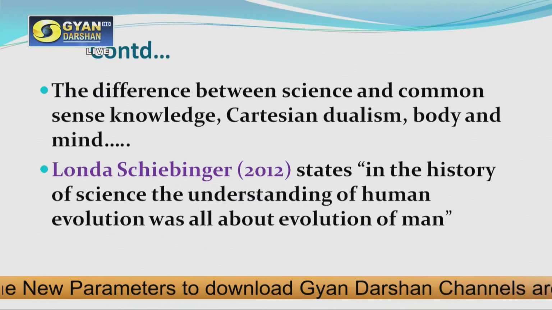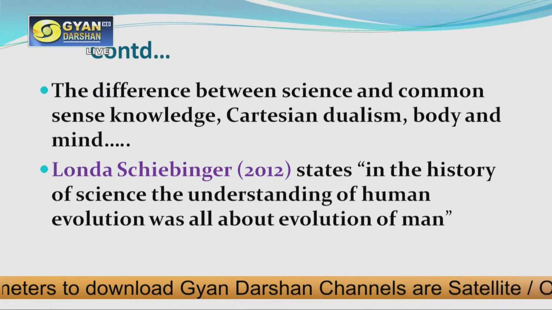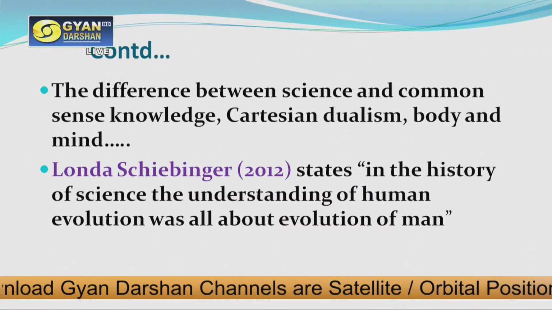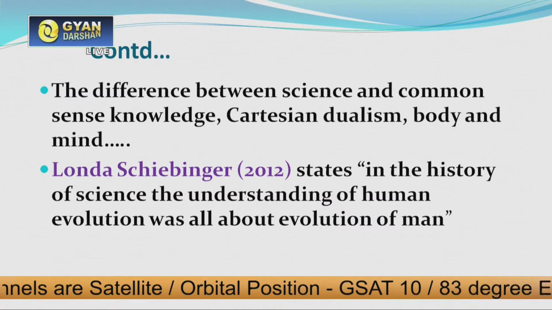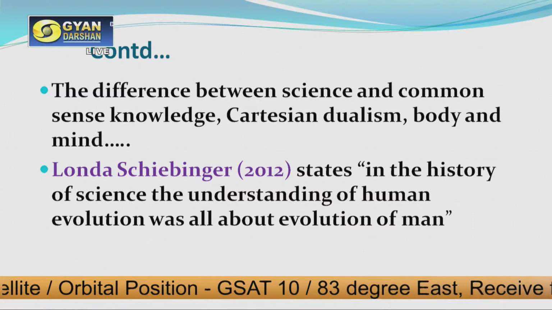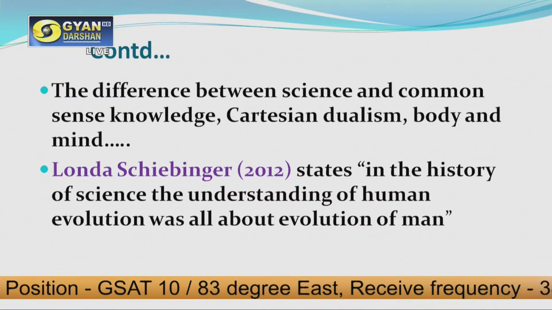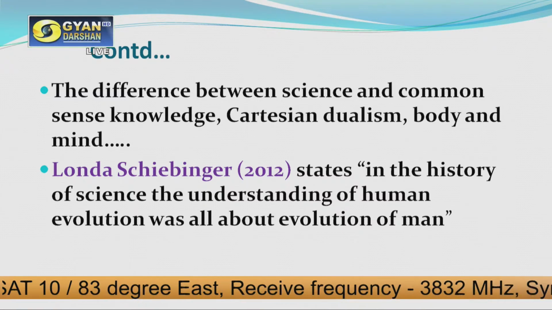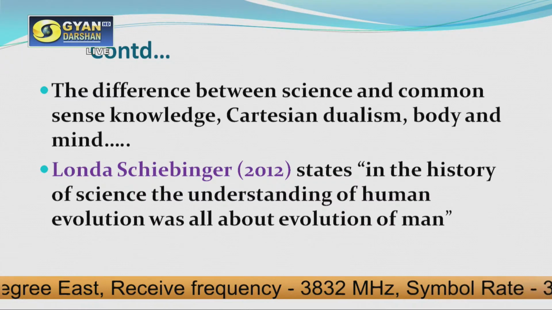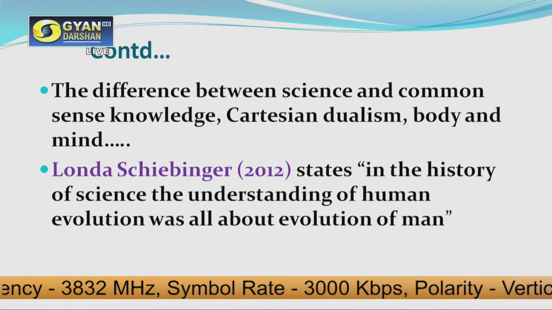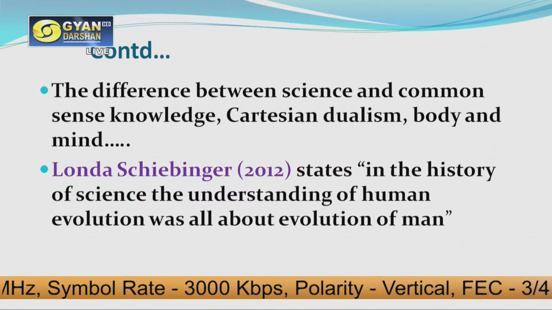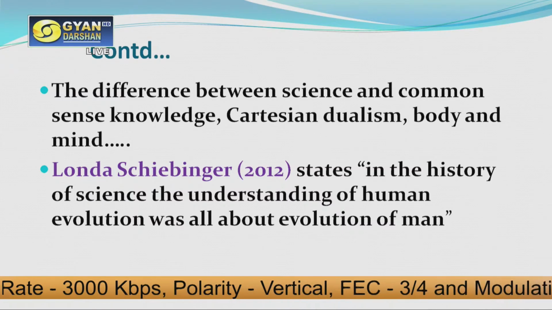And the difference between science and common sense knowledge, what in feminist literature is called Cartesian dualism, the difference between body and mind, public and private, productive and reproductive role, nature and culture, began to emerge in the discourse of institutions and universities.